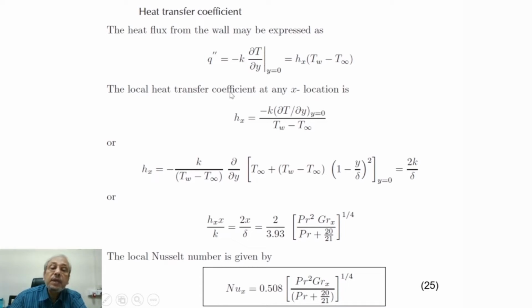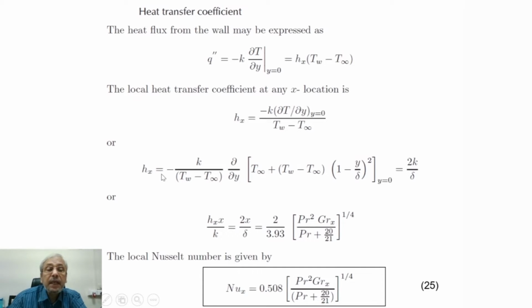The local heat transfer coefficient at any x location, we have already explained, will be Hx equal to minus K del T del y at y equal to 0, divided by Tw minus T infinity.